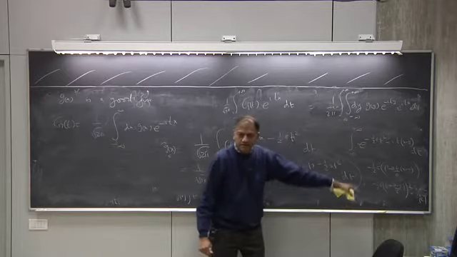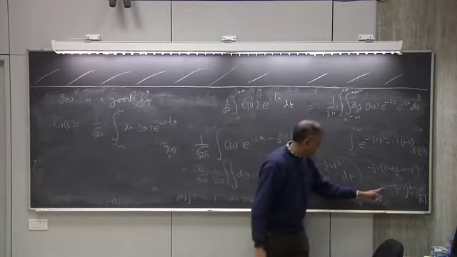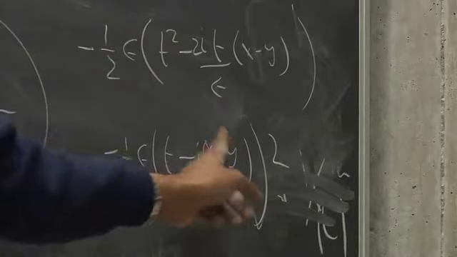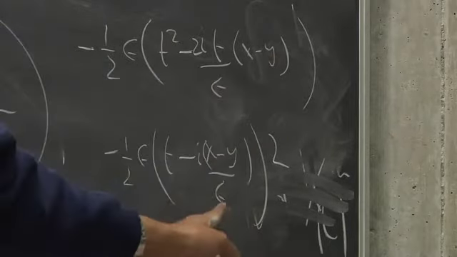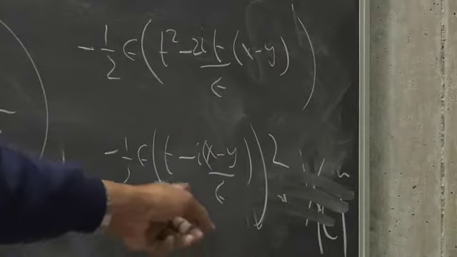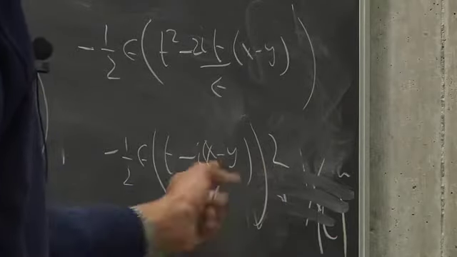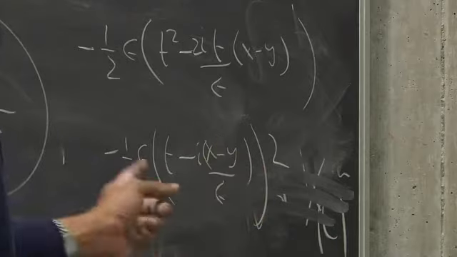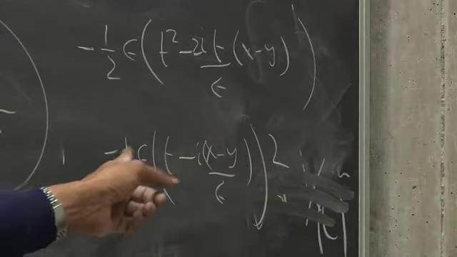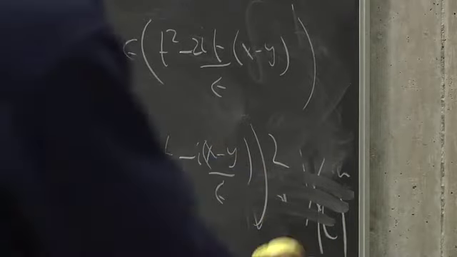I'm just making it into a whole square. This gives you a t square, and the cross term gives you that factor, but then I have to subtract the square of this, and there's a minus here, so this will give you minus (x minus y) square divided by 2 epsilon.